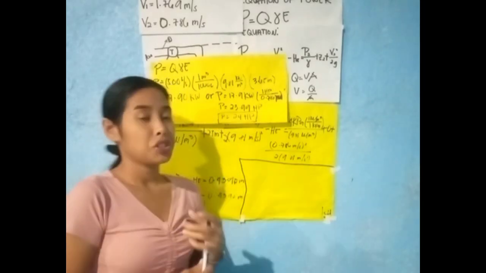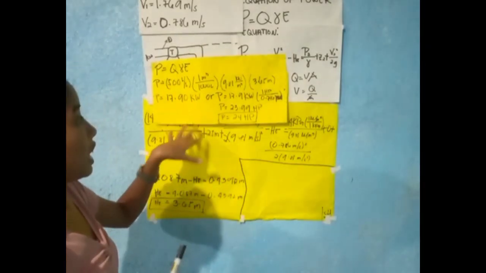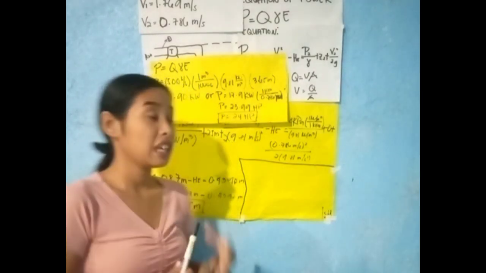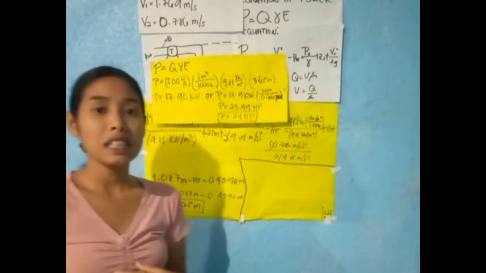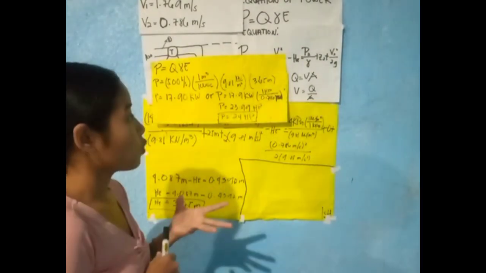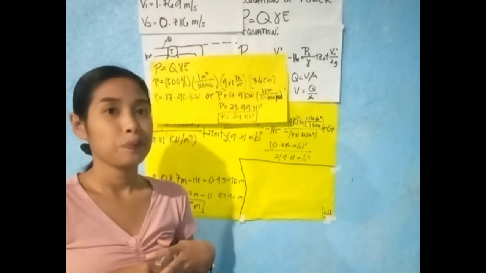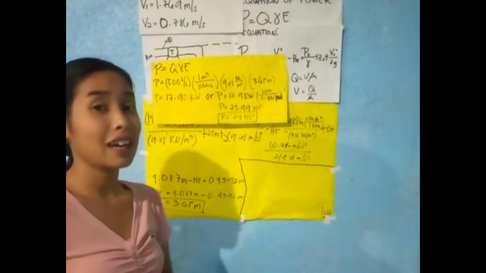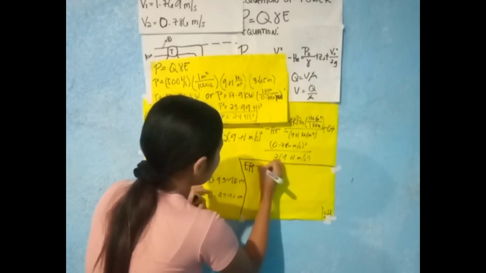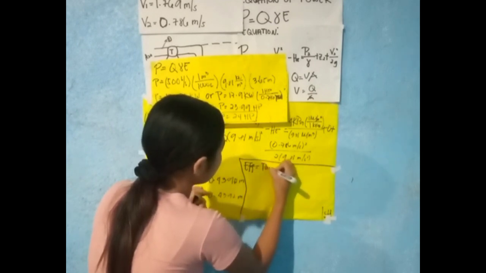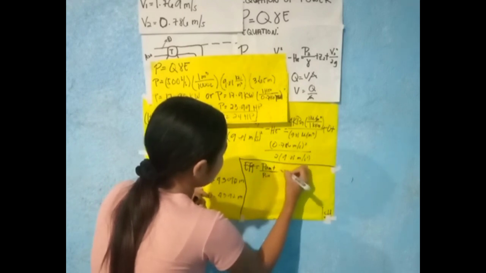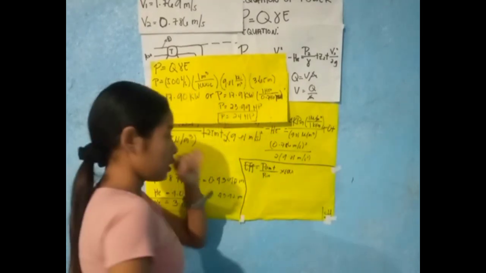Let me add a question here. Let's say that the energy converted into electricity is only 19 horsepower. What is the efficiency of our motor? In getting that, we are going to use the formula for efficiency. Efficiency is equal to P out over P in times 100.